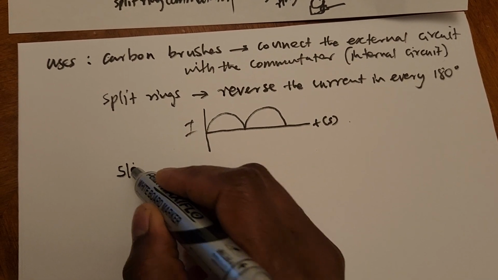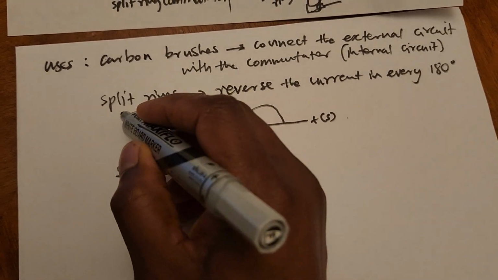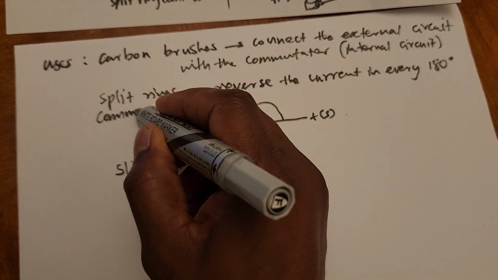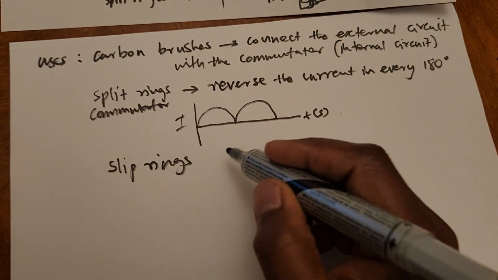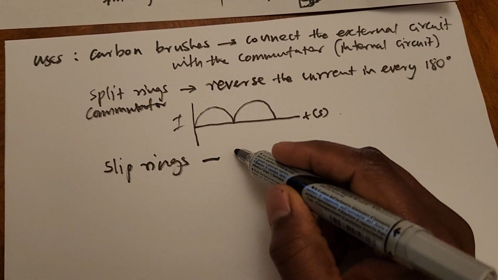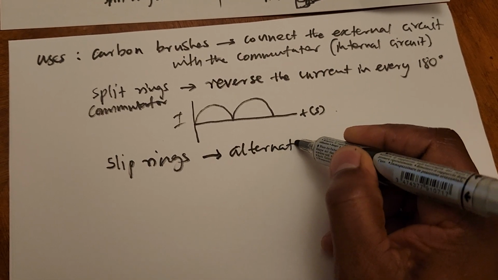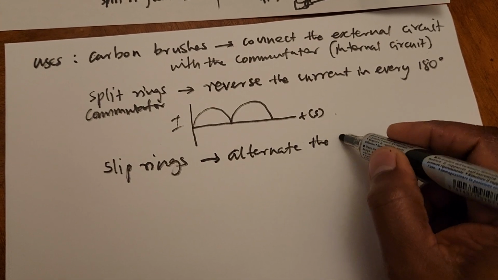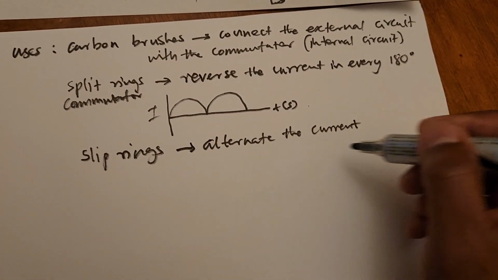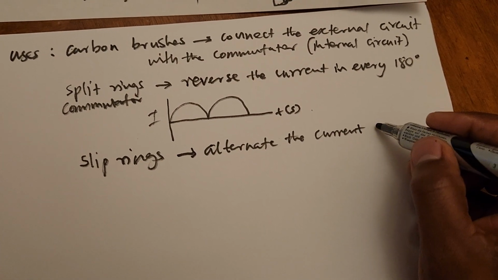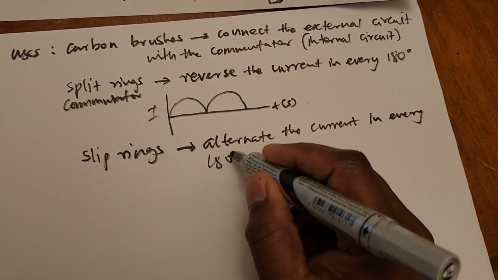Whereas the slip rings, remember this one is a commutator. You can write the word commutator, it will be okay. And the slip rings alternate the current, and that changes the polarity of the current in every 180 degrees.